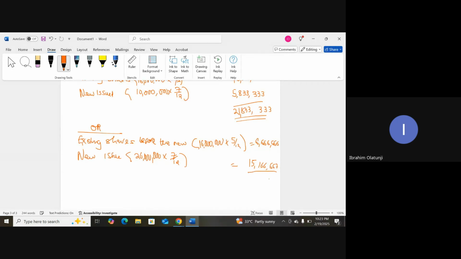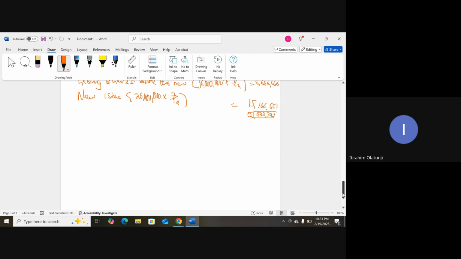So once you add it, we have 21 million, 833,333. So obviously what we calculated from up is correct. Then we now move to EPS.